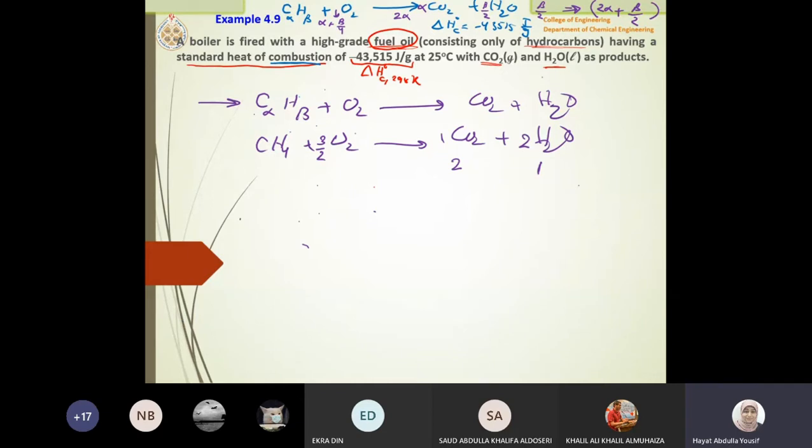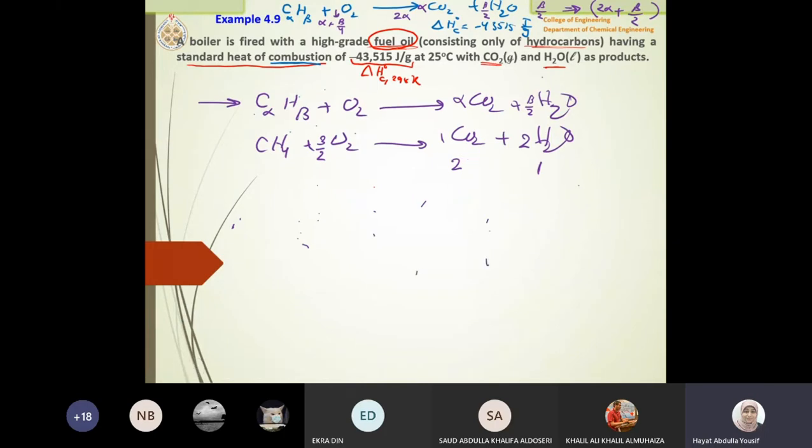What do I mean by the same concept? I have C alpha, so in terms of carbon it's alpha. I have beta of hydrogen, so I put beta over 2, because beta over 2 times 2 gives beta of H. And the last thing is oxygen.